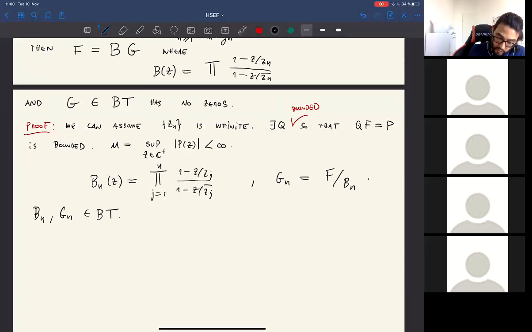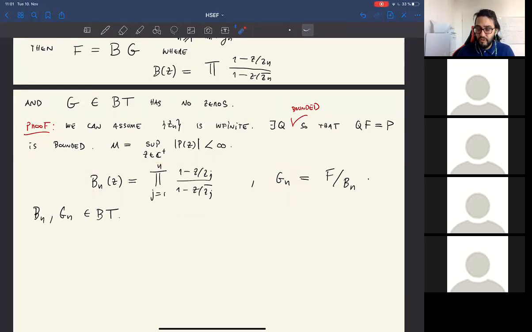So I have to prove the convergence condition. If I can prove the convergence condition, then I definitely can take the limit of the B_n's. And then I have to work a little bit to show that the G_n will converge, of course, because it's just f divided by B_n. And then for G_n, I have to show that the limit is still of bounded type.